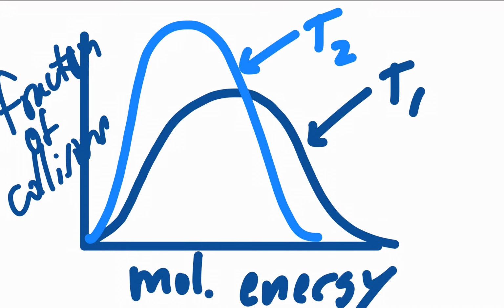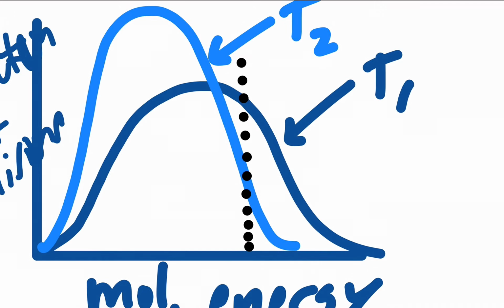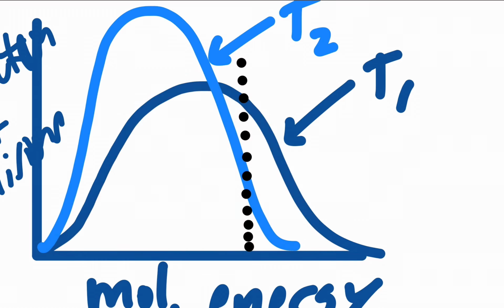I could plot right on top of this where the activation energy barrier is, and let's say it's arbitrarily at this vertical dashed line. And remember, these curves are representative of areas underneath the curves. So what this shows us is what fraction of molecules actually falls past this activation energy barrier.